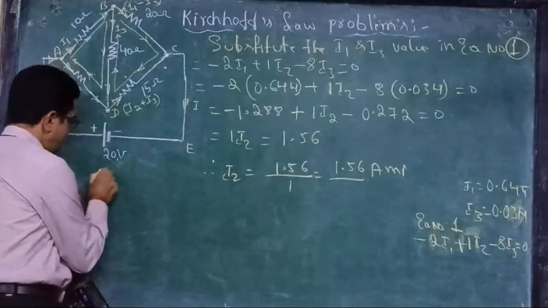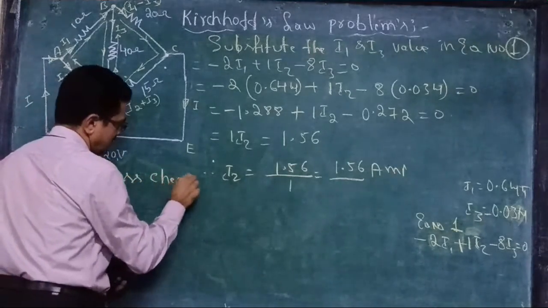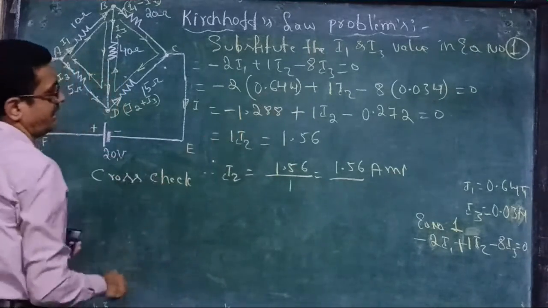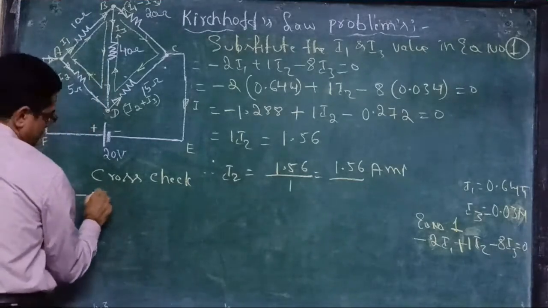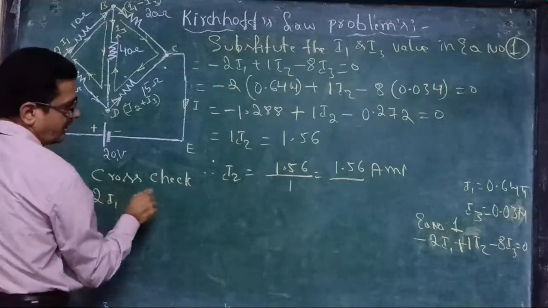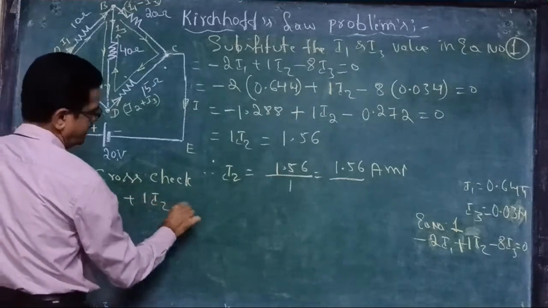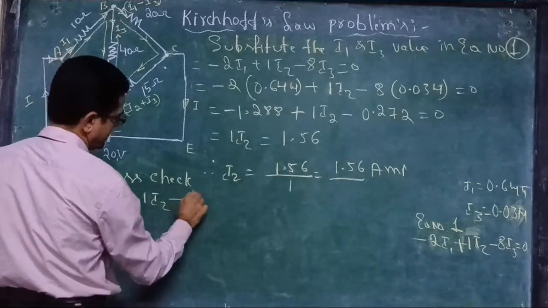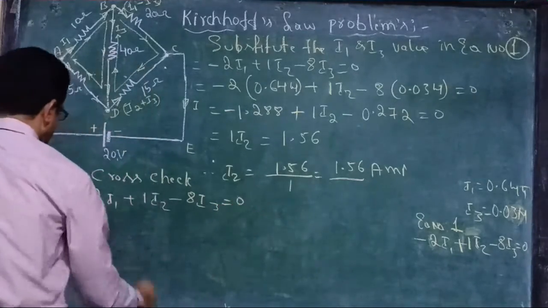So here I'll cross check. I will take equation number 1: minus 2 I1 plus 1 I2 minus 8 I3 is equal to 0.